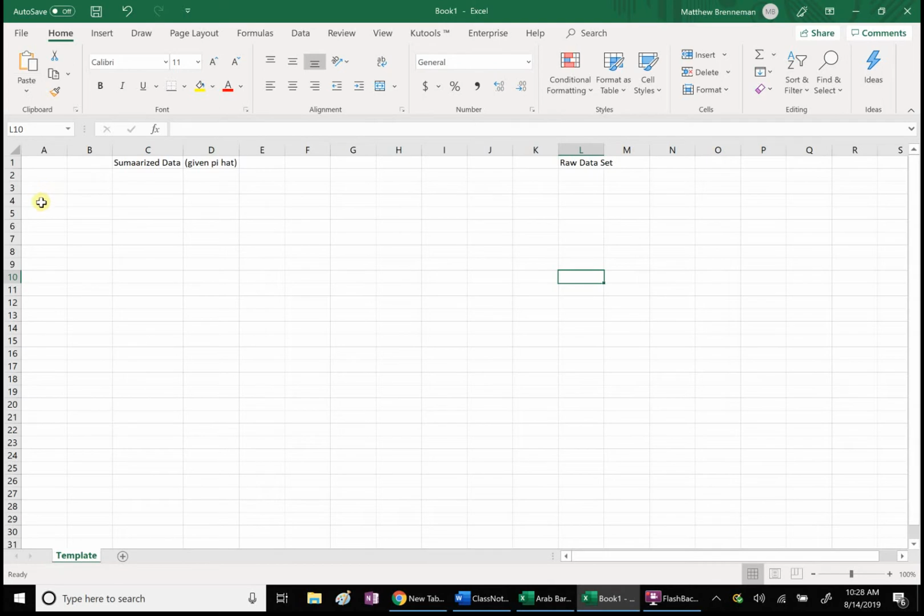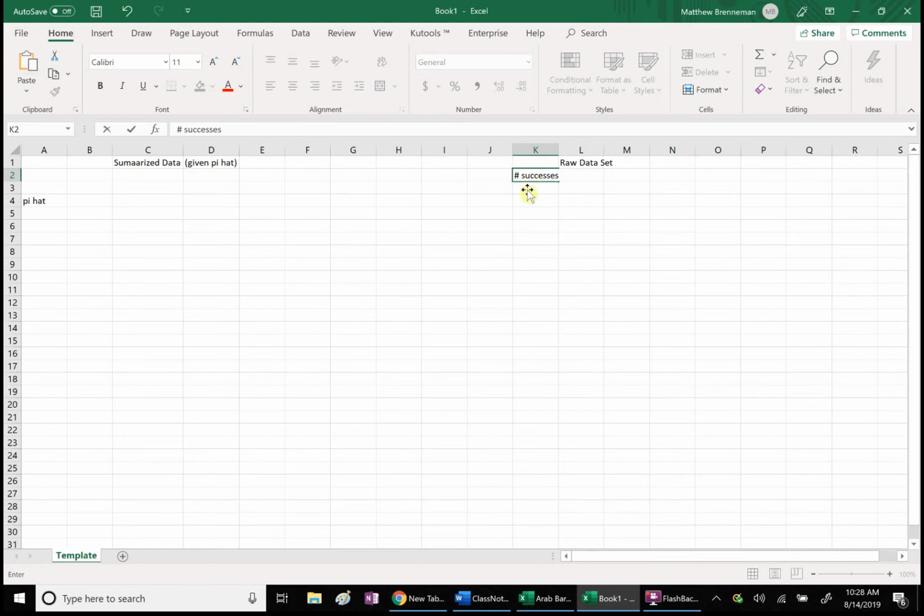For each of these, we need pi hat. That's our estimate. But we're going to need a little bit more from the raw data. We're going to need the number of successes, or the number of people in the category we're looking at.